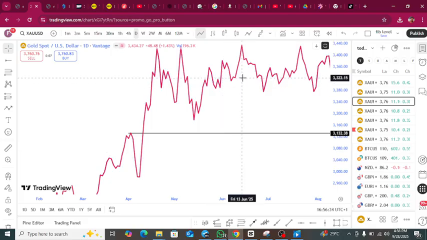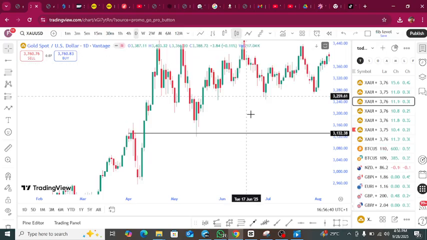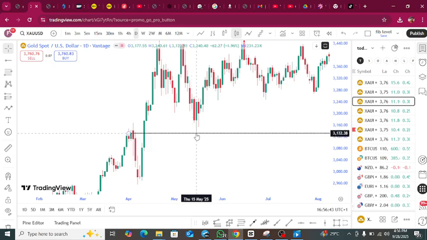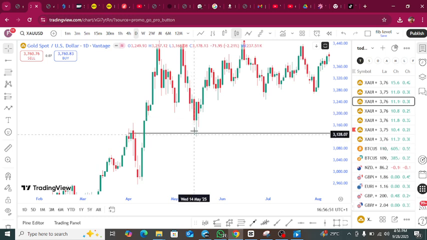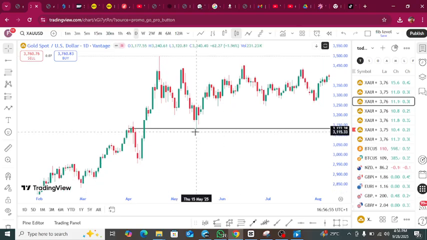So I'll change it back to candlestick chart. You can see this, you can see it very clean. See the way price came and rejected there. See how beautiful it happened.